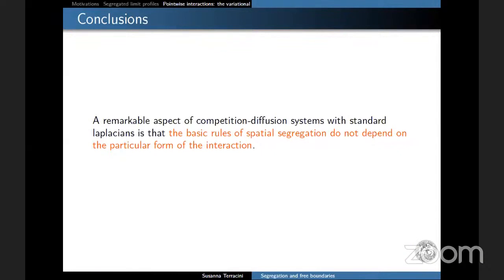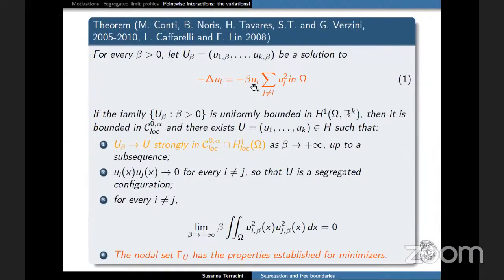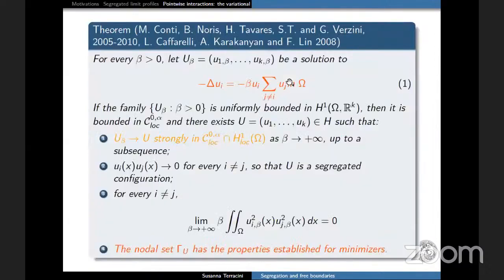And something which is maybe of some interest is that the basic rules of segregation do not depend on the particular form of the interaction. This means that if I take the last theorem and instead of having a power 2 here, I have just a power 1, then I have the very same theorem and with the same structure of the nodal set.